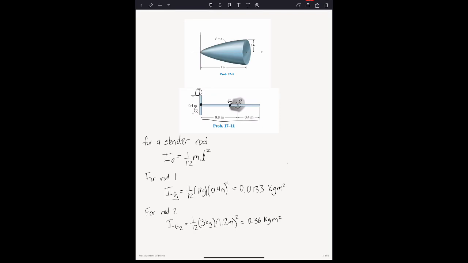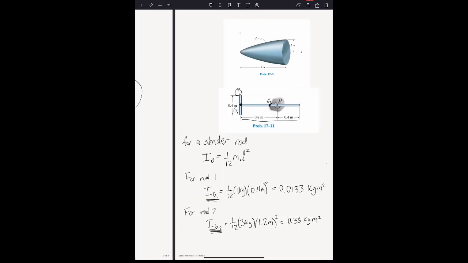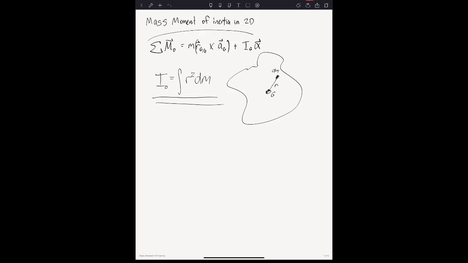We've calculated the moment of inertia for rod 1 about its center of mass, and the moment of inertia of rod 2 about its center of mass. But for the sake of this formula, I don't want either of those things. I want the moment of inertia of the overall shape about the overall center of mass.